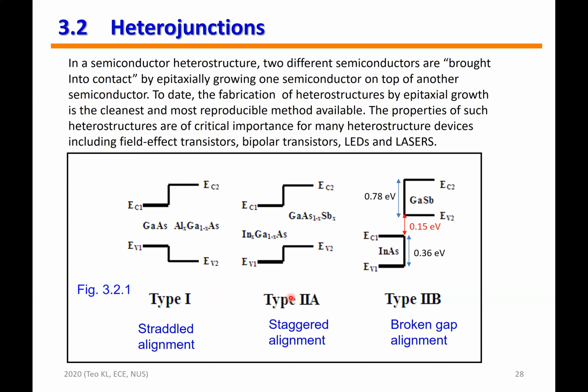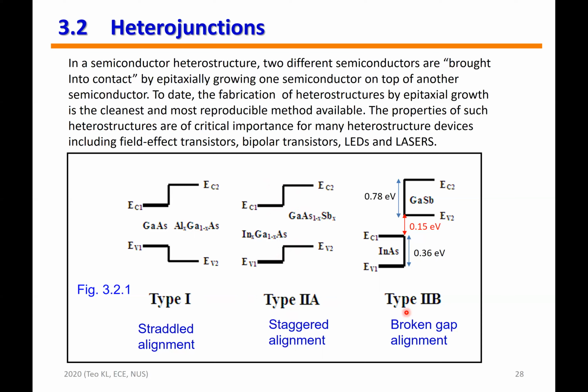Another type of band alignment we call the type 2A band alignment, or the staggered alignment. So let's say I grow gallium arsenide antimonide on indium gallium arsenide antimonide. You can see that this is like a stack. So this is a staggered band alignment.